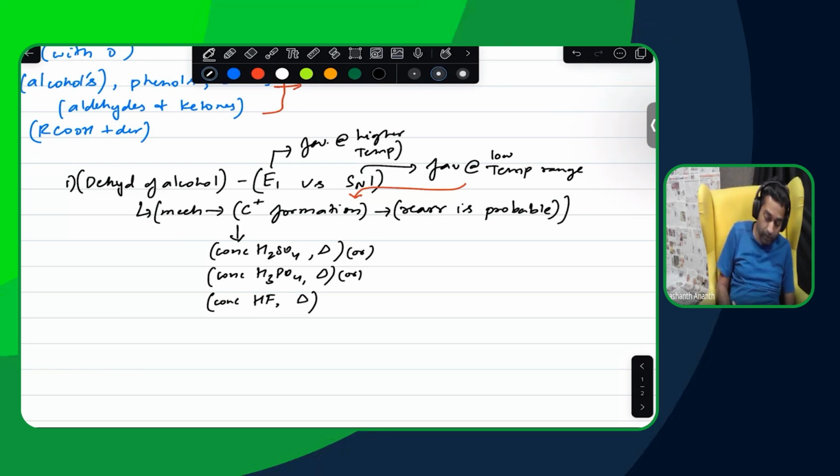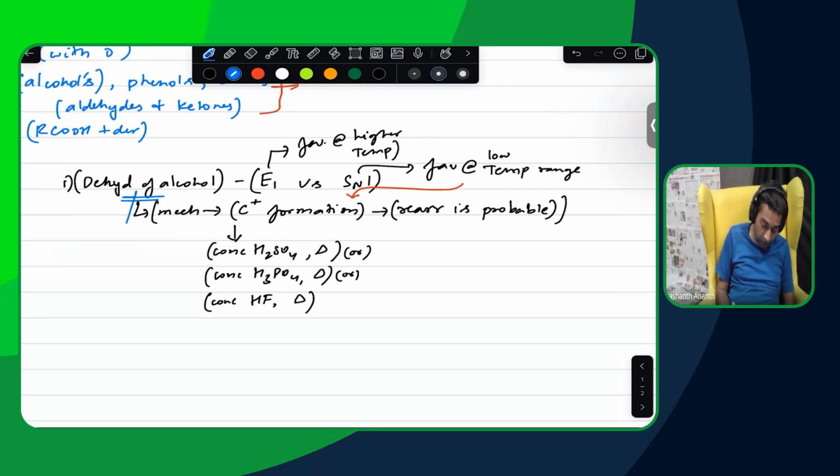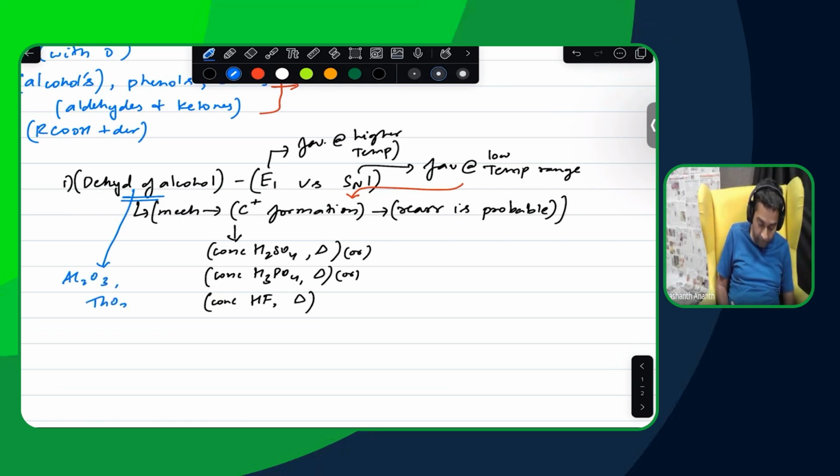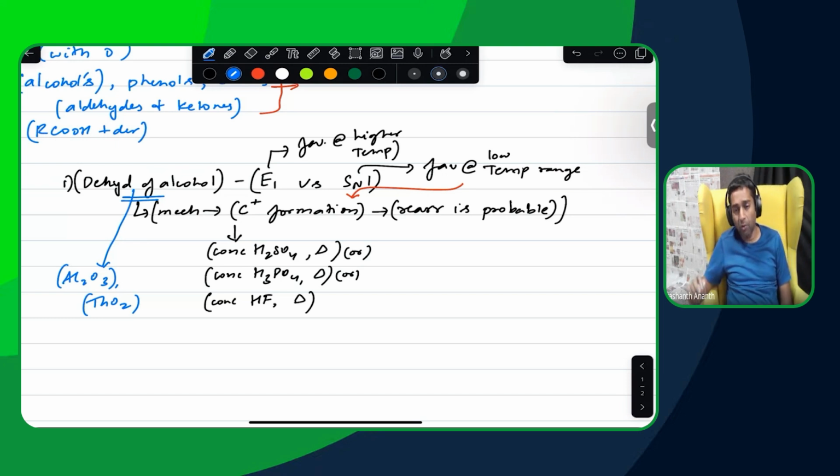Now, the dehydration of alcohol can also be done with other exotic reagents. When I say exotic reagents, I mean stuff like Al2O3, thorium dioxide, some random funny business type of reagents. Depending on the case, it might go for a different type of mechanism, resulting in a slightly different product.